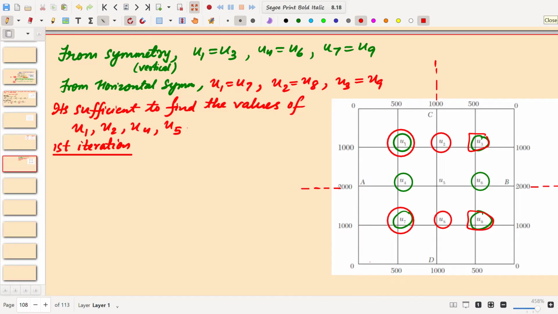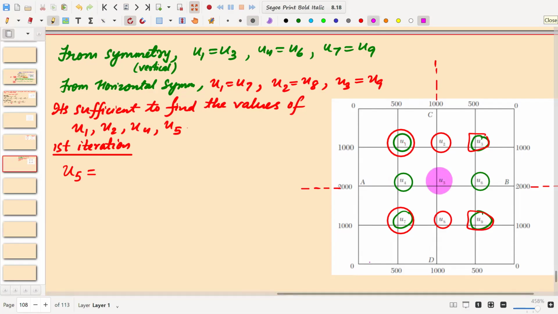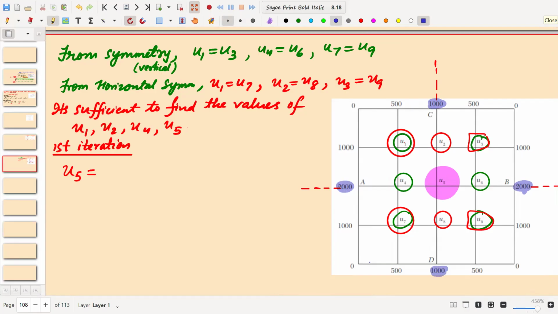So can we start the first iteration? Can we find U5? Apply the standard 5-point formula for U5. Watch my mouse cursor very carefully. Can I take U5 as the sum of 1000, 2000, 2000, 1000 and take the average? Why are we doing like that? Because we don't know any other value.